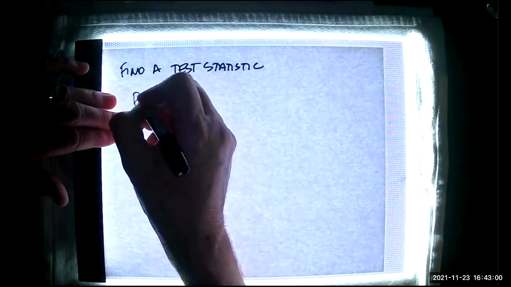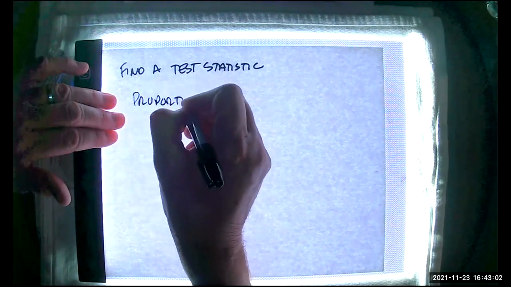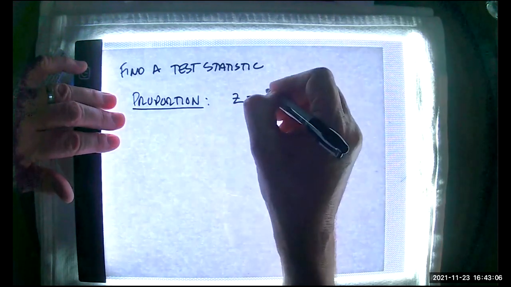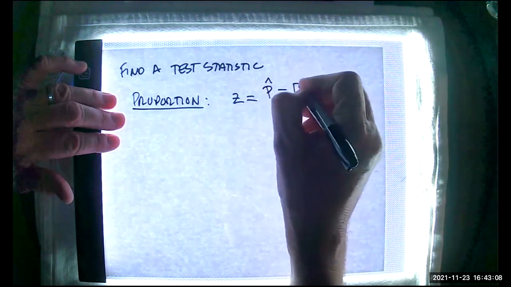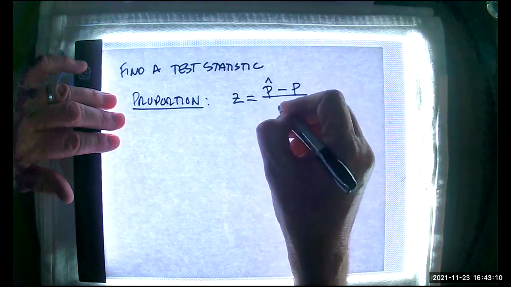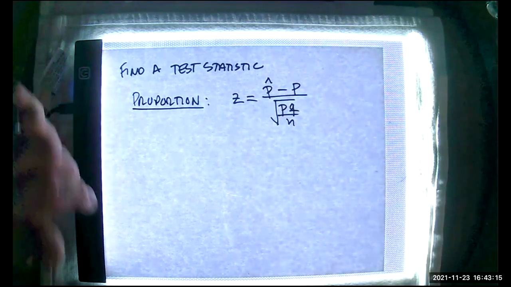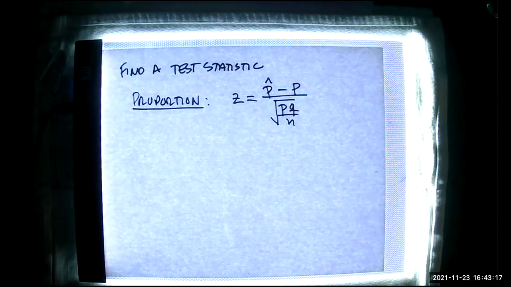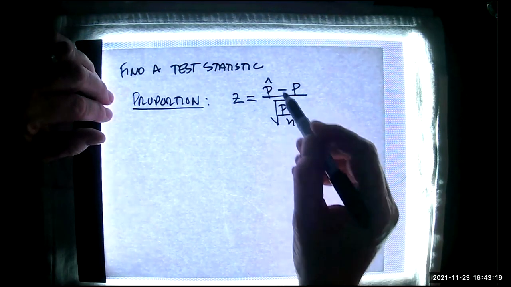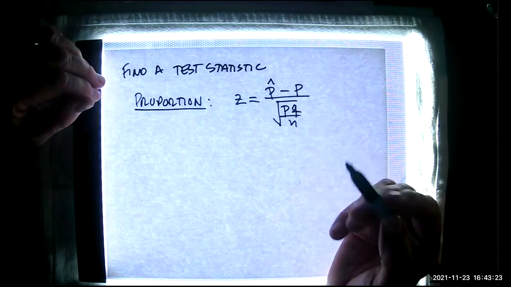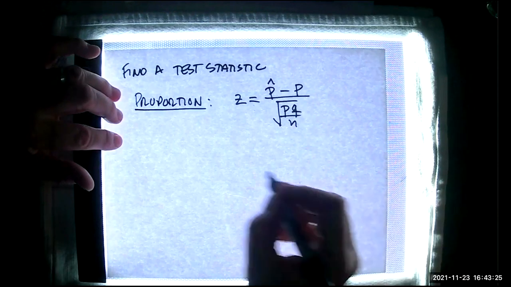For claims for a proportion, the test statistic is z equals p hat minus p, and then downstairs we'll have p and q all over n in the square root. P hat and n come to us from our sample, p and q come to us from the null hypothesis.